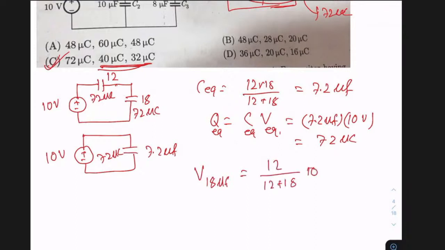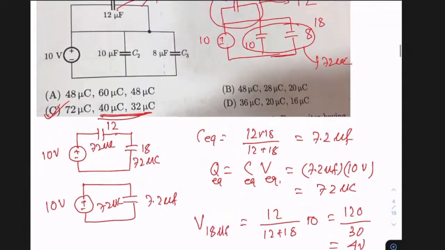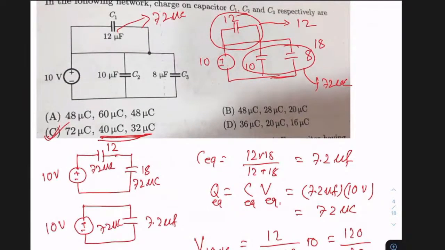Hopefully you know this: if you have two capacitors and want the voltage across C2, you write C1 by C1 plus C2. This comes to 120 divided by 30, which is 4 volts. So this voltage is basically 4 volts.